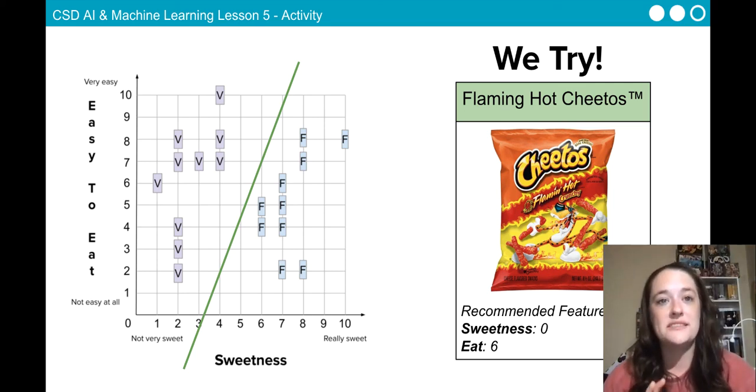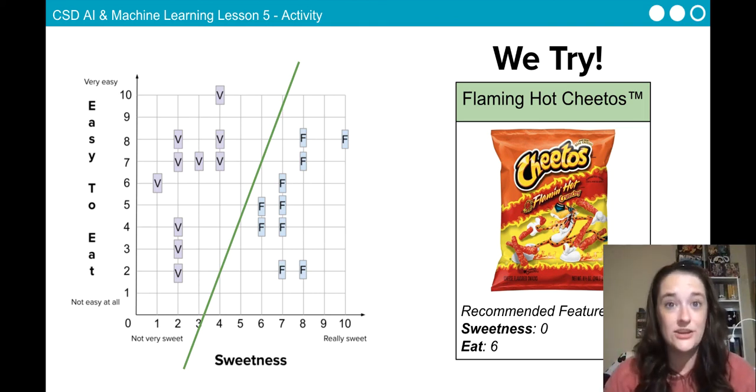Sometimes models make decisions and get incorrect answers. For something like classifying fruits and vegetables, it may not be a huge deal, but if we're making decisions about people instead, this could be a really big deal. This is why testing is so important. We need to make sure our models are doing a good job before letting them make decisions for us.